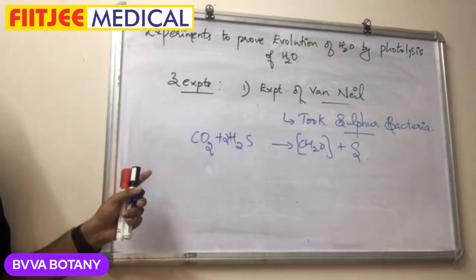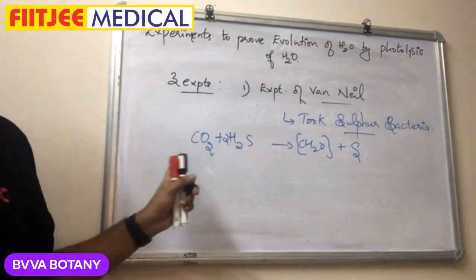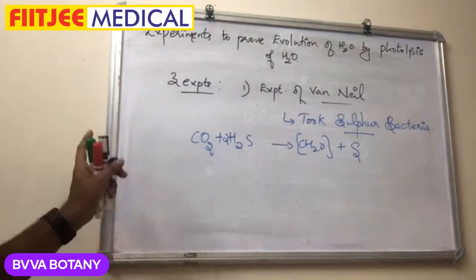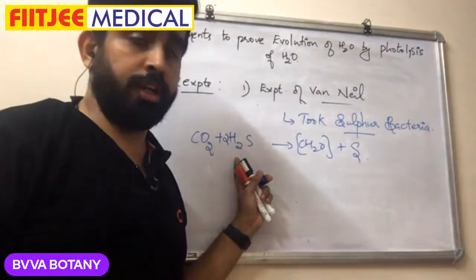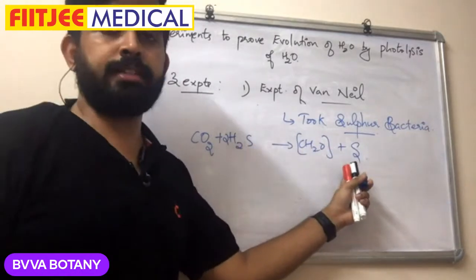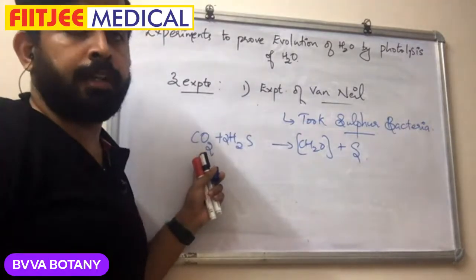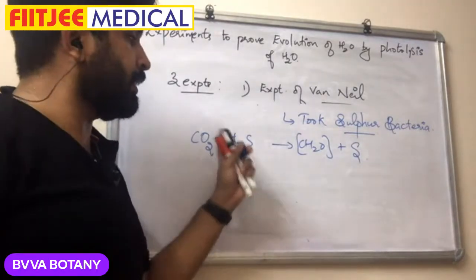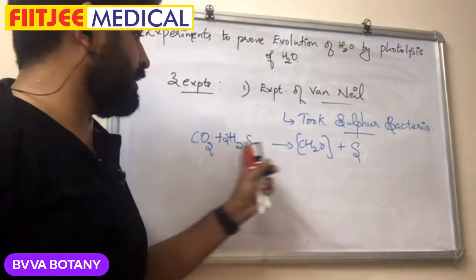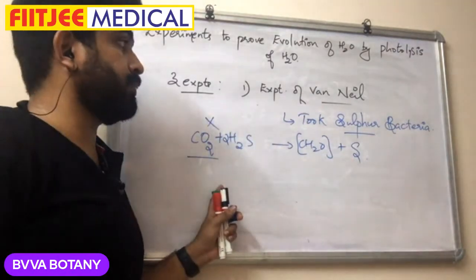So we can say the compound was the electron donor here, and as a result we got sulfur as a byproduct. Even though carbon dioxide is there, we did not get what? Oxygen. So carbon dioxide is not the responsible factor according to this experiment.